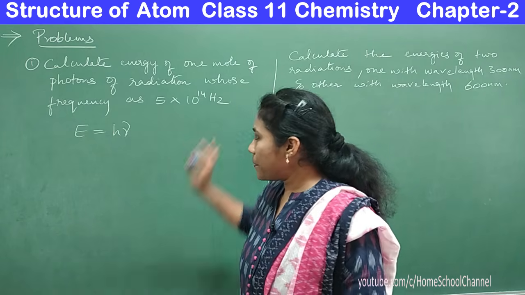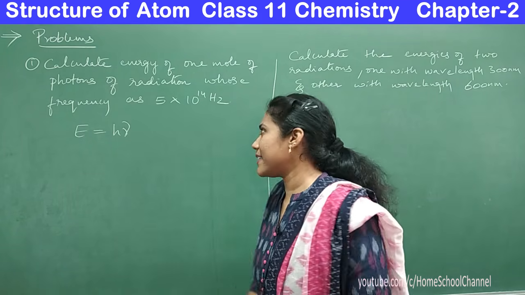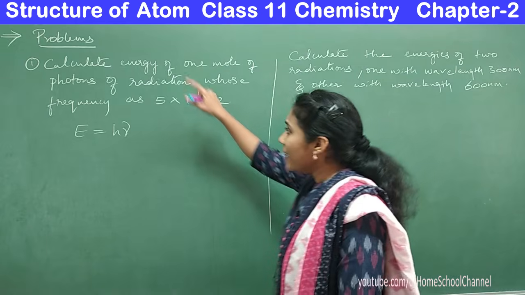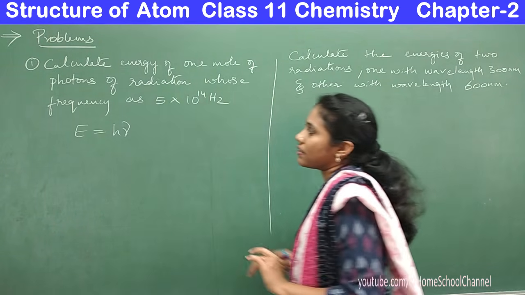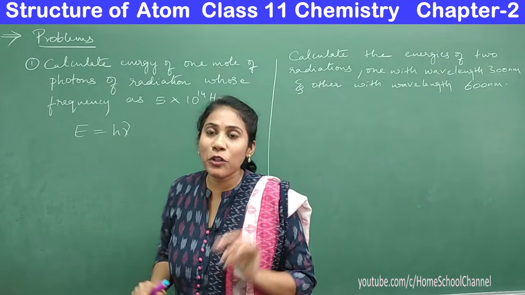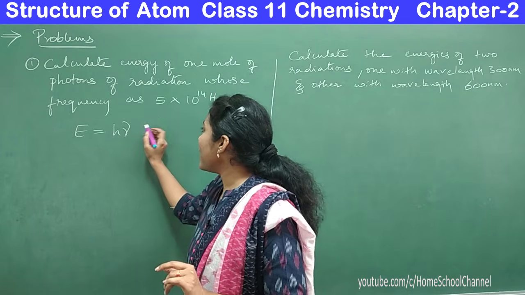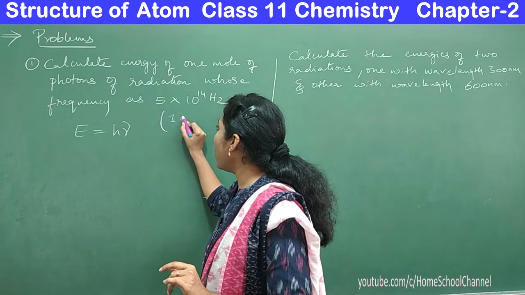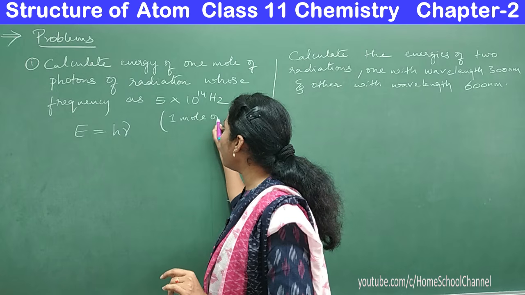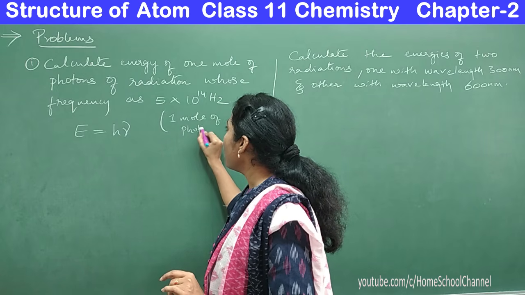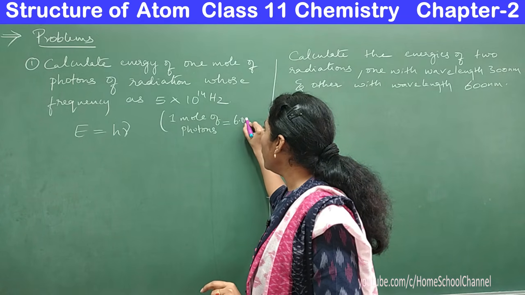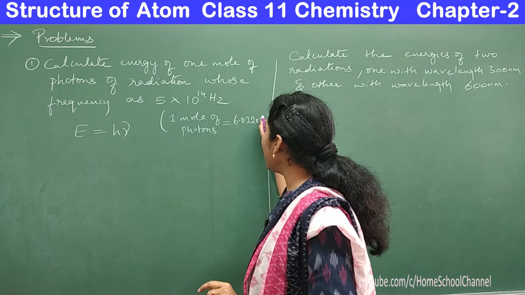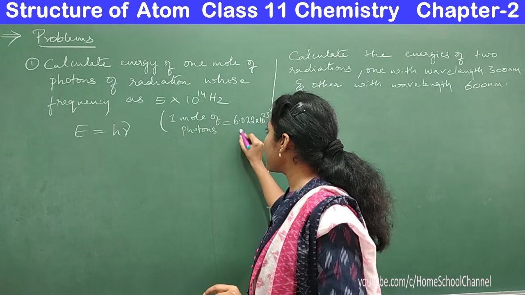So coming to the first problem, a quite simple one I selected. Calculate the energy of 1 mole of photons. What do you mean by 1 mole of photons? 1 mole of photons is nothing but 6.022 into 10 power 23 photons, right?